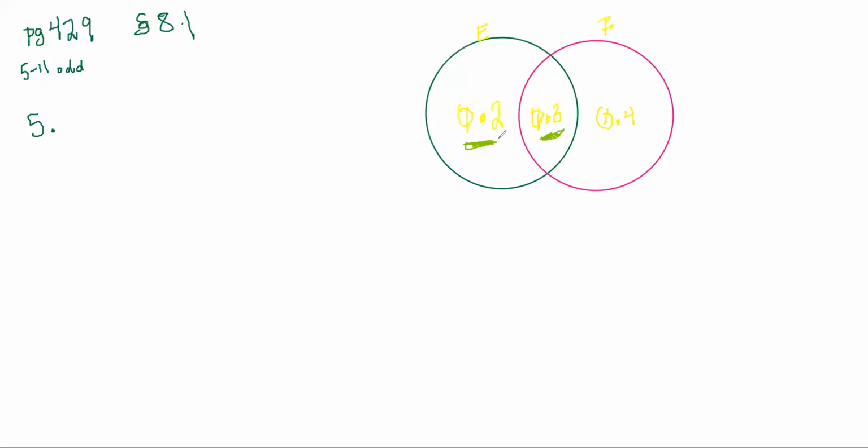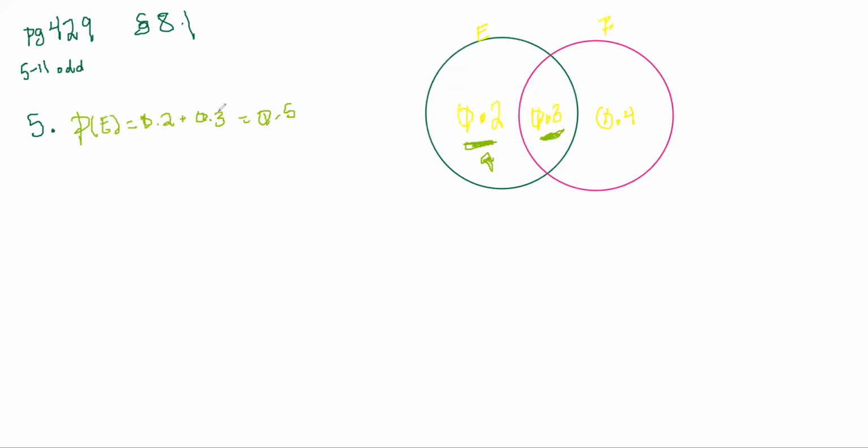I just want to know what the chance is that E happens. And so the probability of E is going to be equal to 0.2 plus 0.3, or 0.5, because it's both of these numbers, not just this one here.